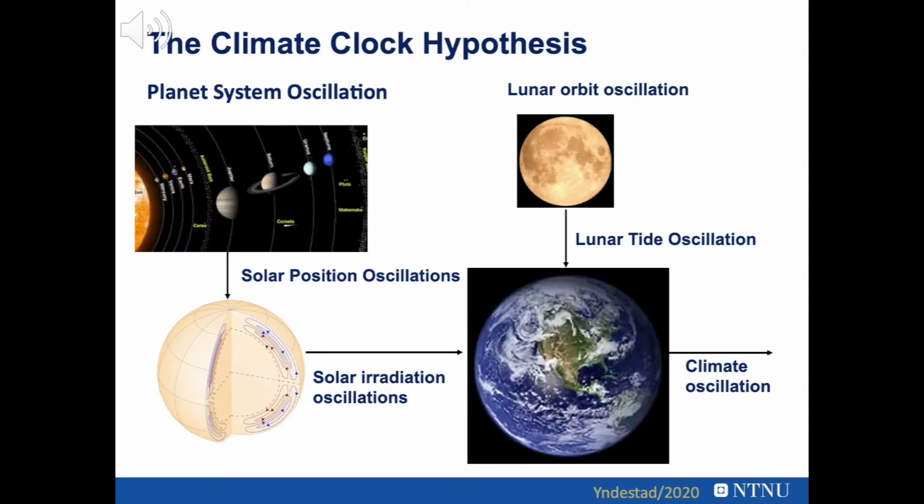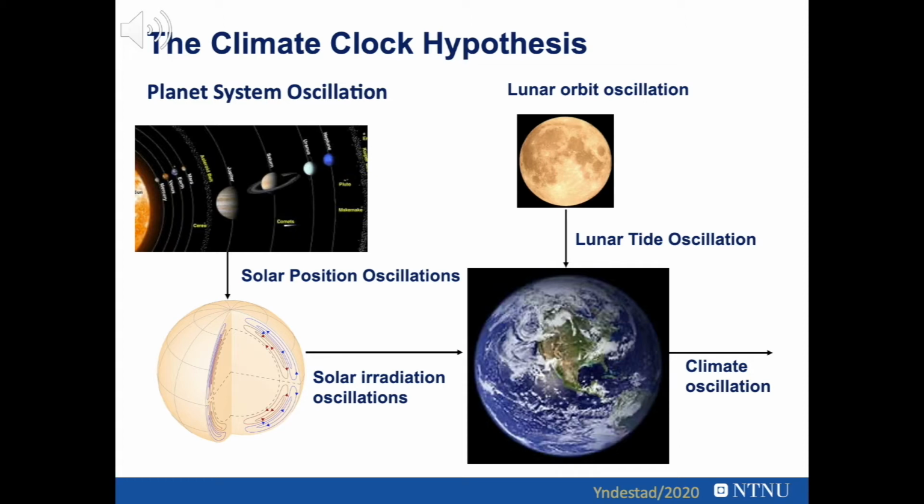The climate clock hypothesis is based on the idea that the climate is controlled by periodic changes in the solar system. The climate clock has two sources, a solar forced clock and a lunar forced clock. The lunar-driven clock affects the tide and the sea temperature distributions in the ocean currents.